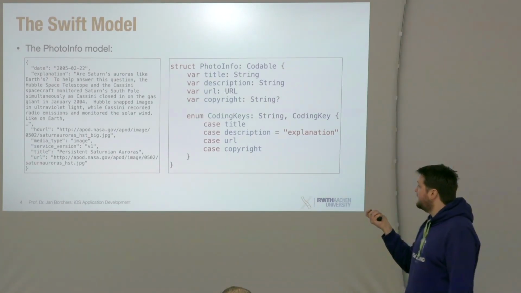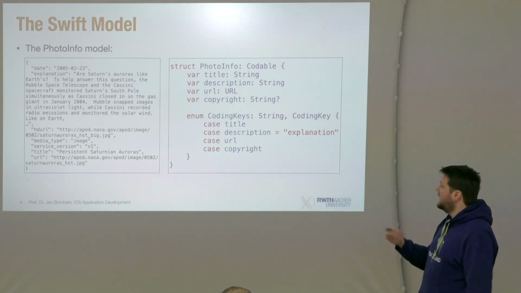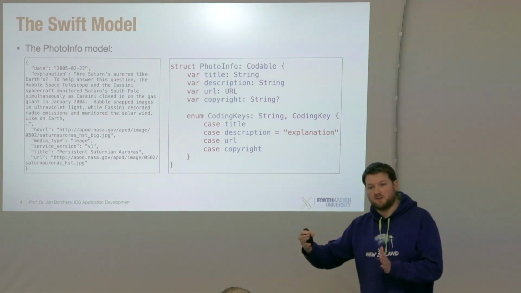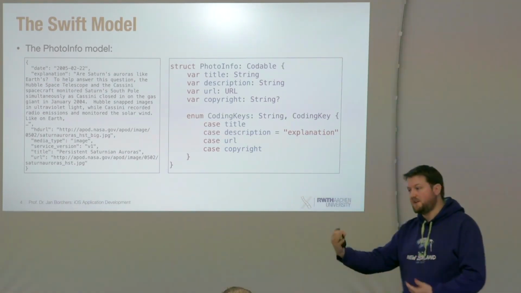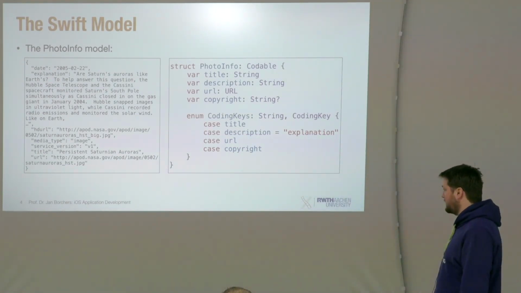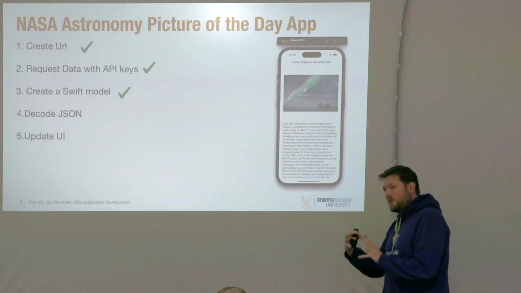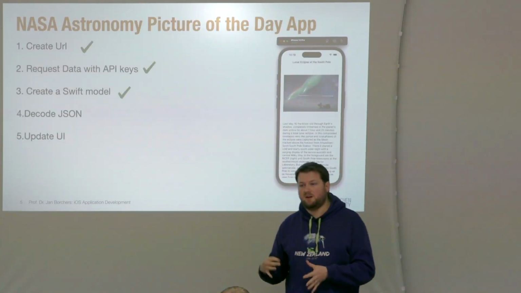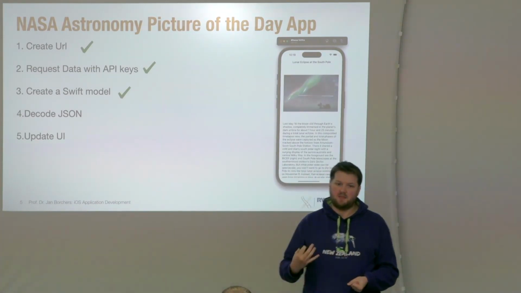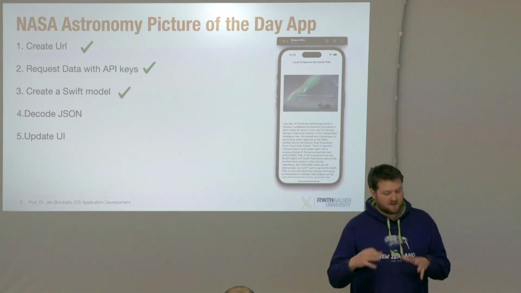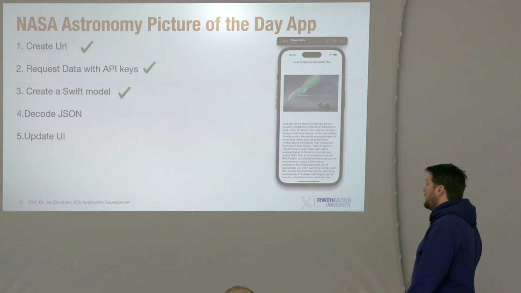So you have a URL instead of a string, so that you can directly continue to use that and have this type safety moving on after the decoding had worked. So that now created our model that we want to fill with the data that we get back, and that we can then continue working with.